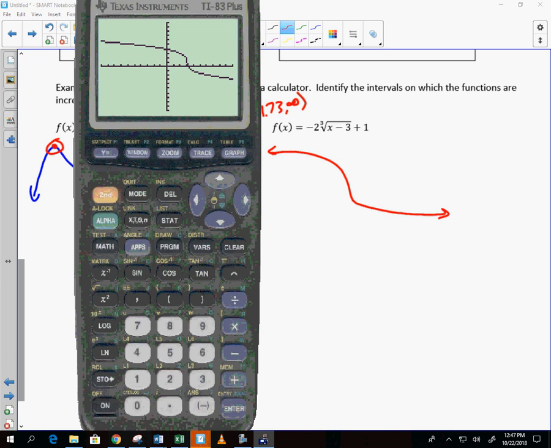Increasing or decreasing? How about here? How about here? How about here? Sure seems like it's always decreasing, right? Except for one spot. What does it look like it's doing right here? Looks like it's going straight up and down, right? And if you think about it, we have four kinds of slope. We have positive slope, we have negative slope, we have zero slope, and then we have this kind of slope, which is undefined.